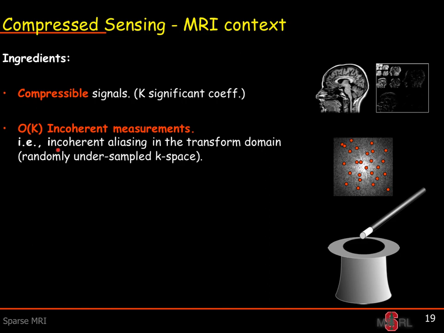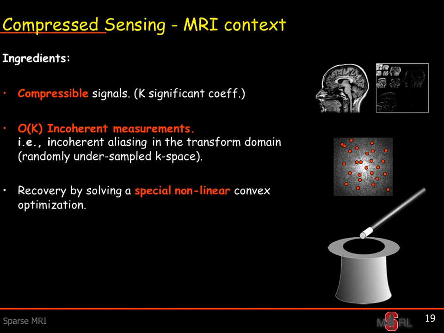While we get incoherent aliasing in the image domain, what actually matters is that we have incoherent aliasing in the transform domain, which is often, for example, the wavelet domain. And we can achieve this by randomly undersampling k-space. And then we need to recover the signal by solving a special nonlinear convex optimization problem.